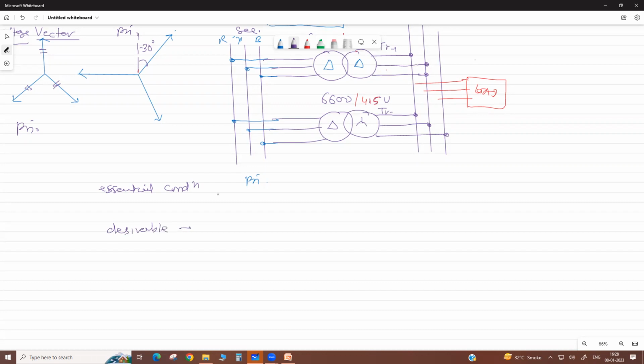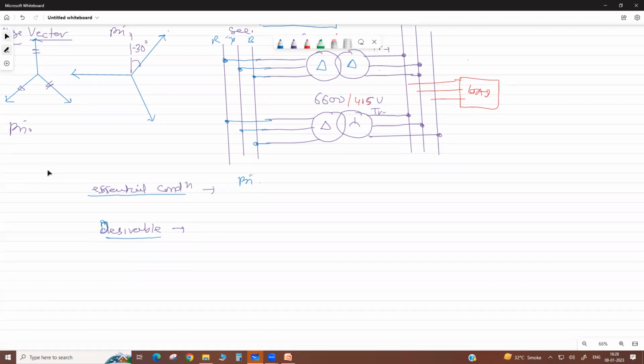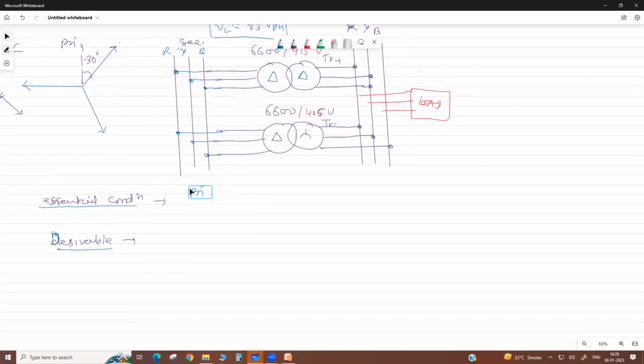Like we have a bachelor's, B.Tech. Maybe M.Tech can be written, but it is not required. The basic qualification required, the essential, is only B.Tech. Same in a transformer, there are certain essential conditions. Without fulfilling them, we cannot operate. But there are other conditions also recommended by the manufacturer.